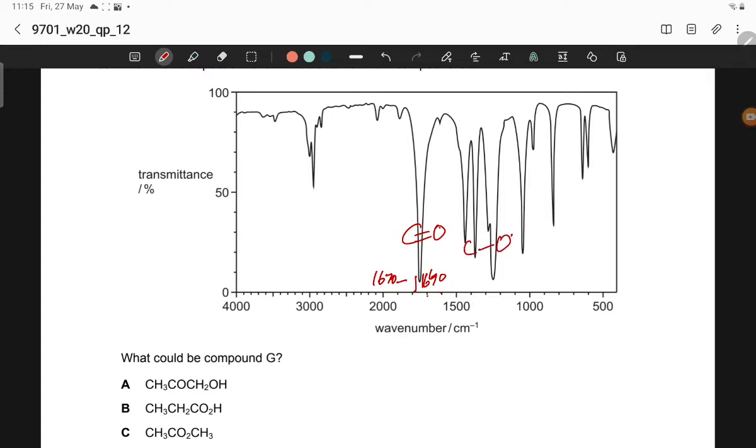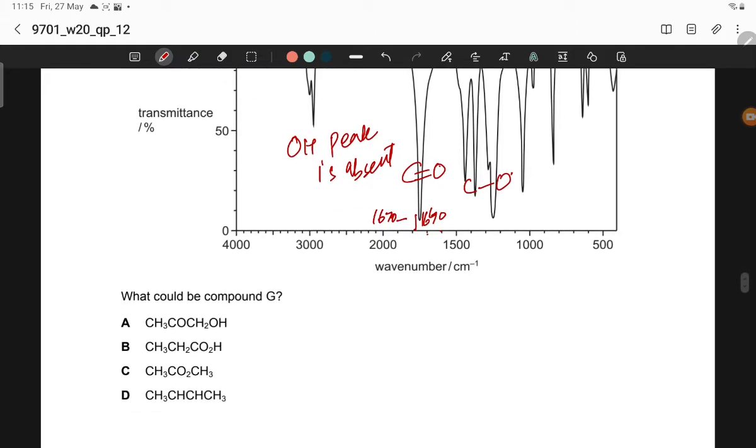So it means the OH peak is absent. So not ketones. CH3CO, CH2OH, OH is absent, so this is not correct.